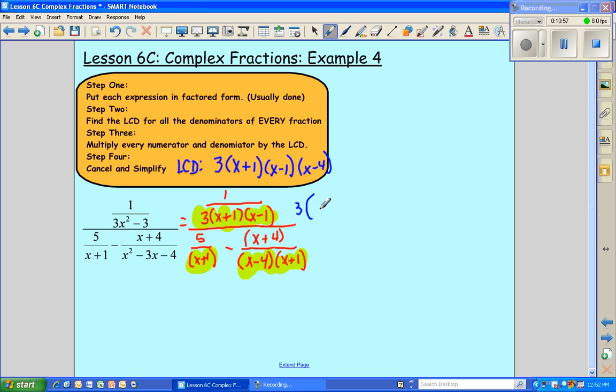So we're going to do that up here: 3, x plus 1, x minus 1, x minus 4. On the bottom we've got, and remember this belongs to the entire denominator here, 3, x plus 1, x minus 1, and x minus 4.